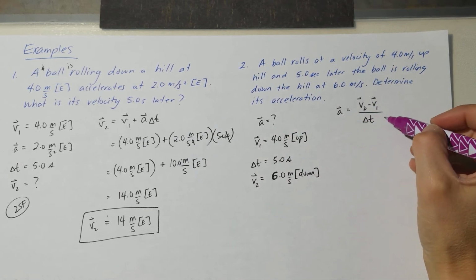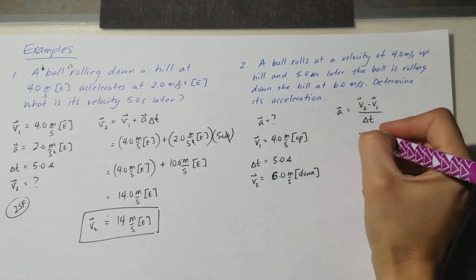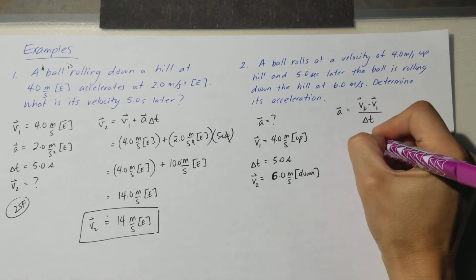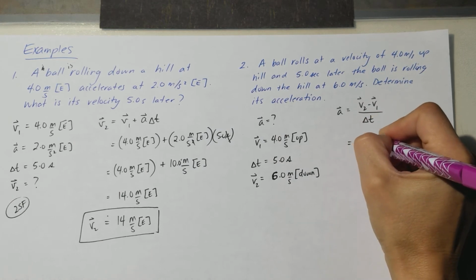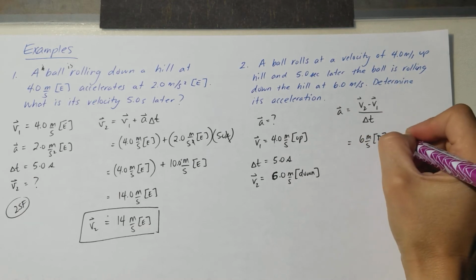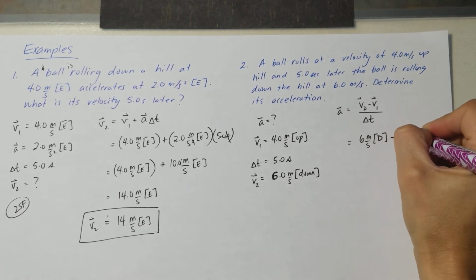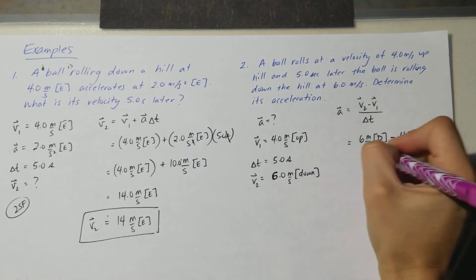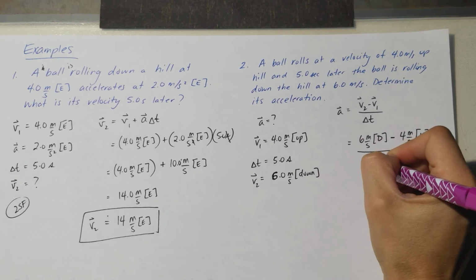You will know 3 and you find the 4th one. So let's go ahead and put the information in here. Okay, so V2 is 6 meters per second. I can even put a capital D if you want for down, minus 4 meters per second up, all divided by 5 seconds.